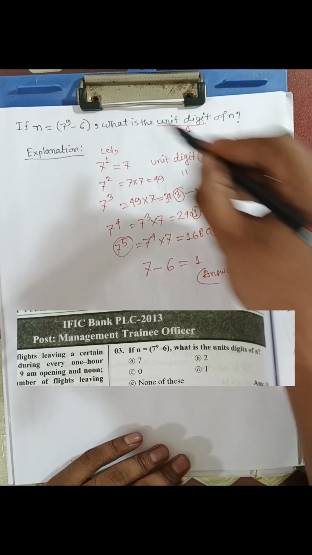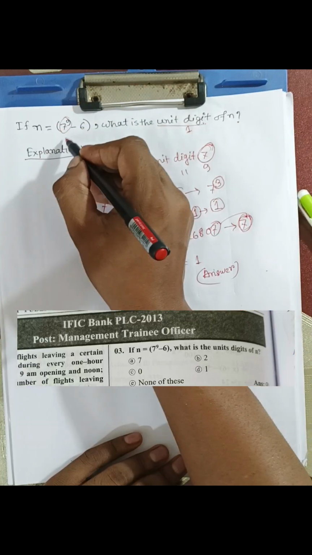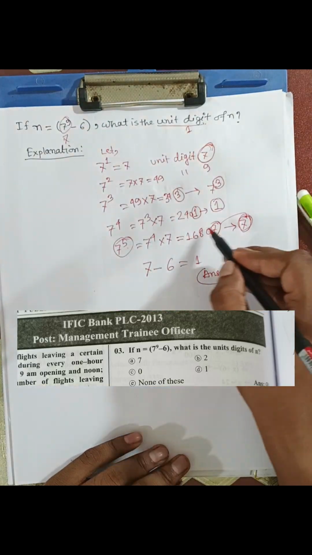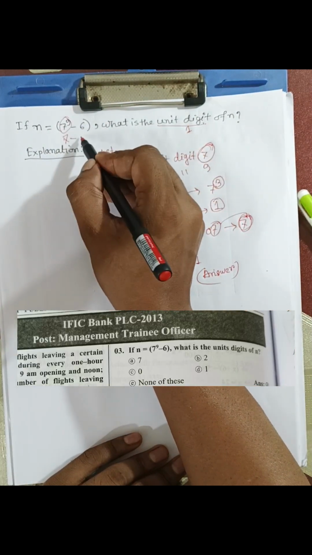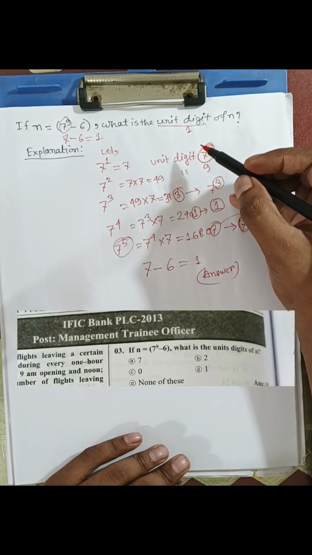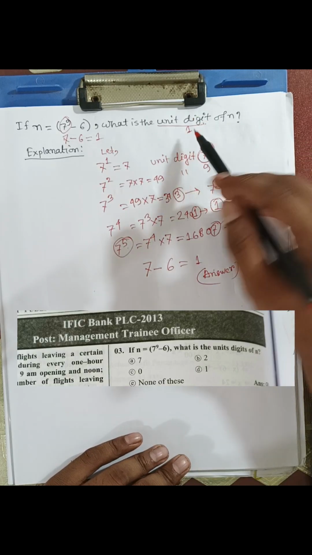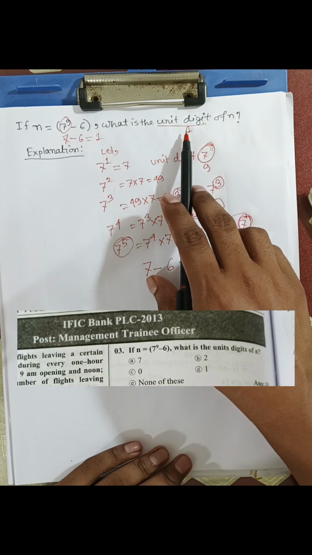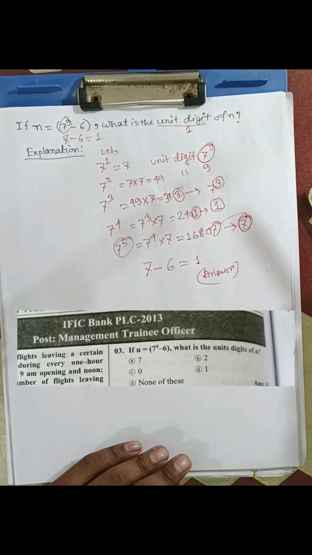This 7 to the power 9 means 7, minus 6 equal 1. This unit digit will be 1.